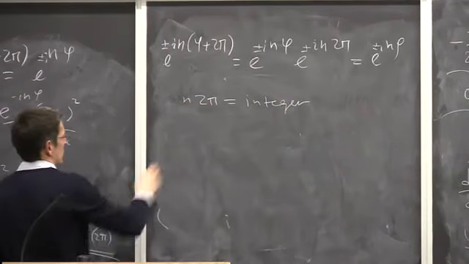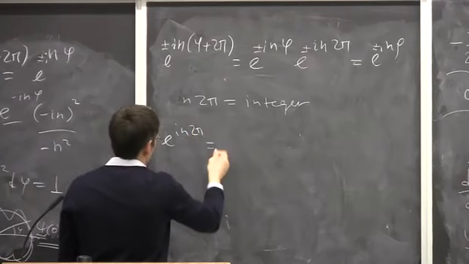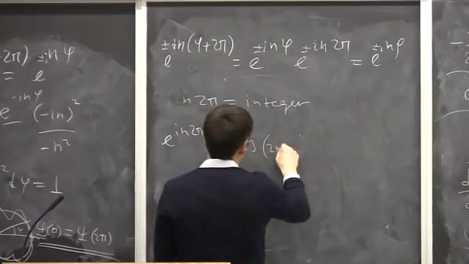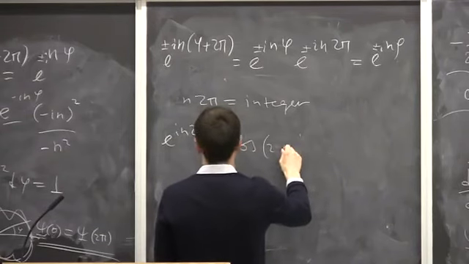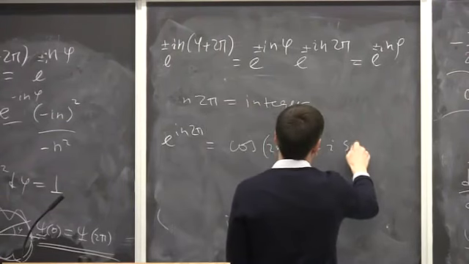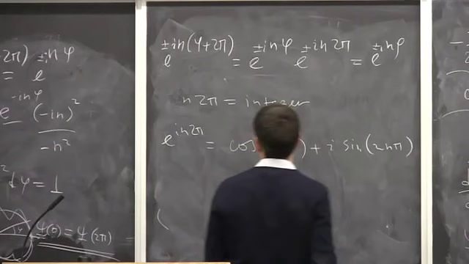Because the exponent of i n 2 pi, according to the earlier expression, is cosine 2 n pi plus i sine 2 n pi, right?